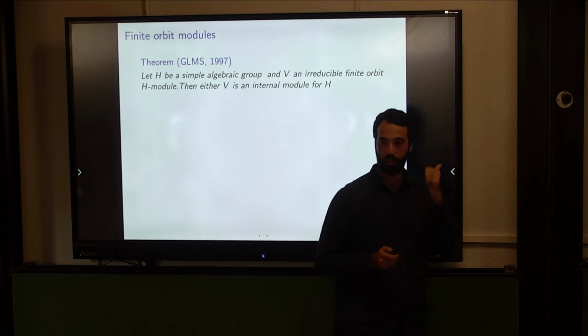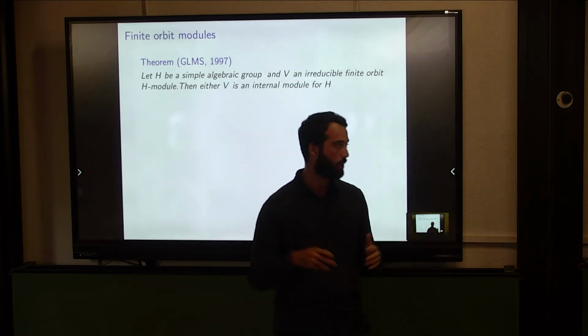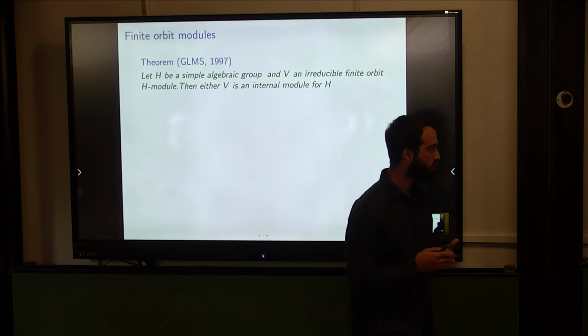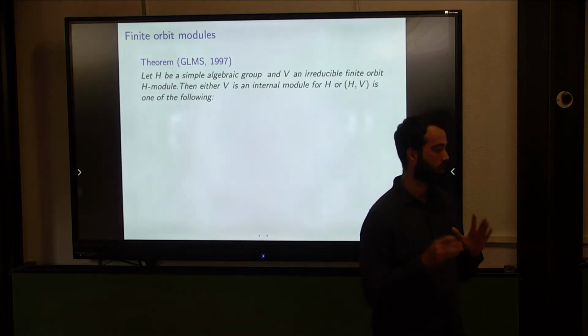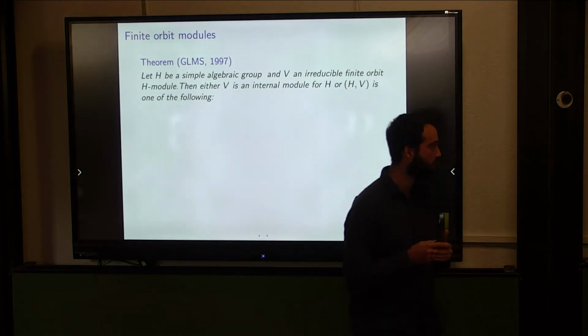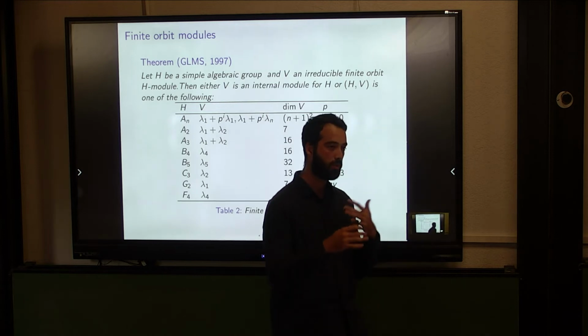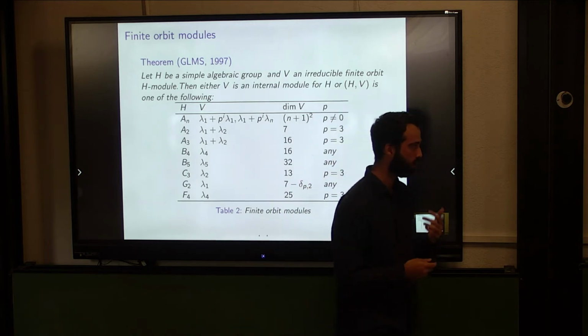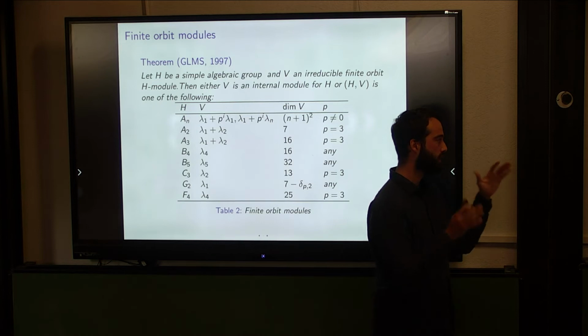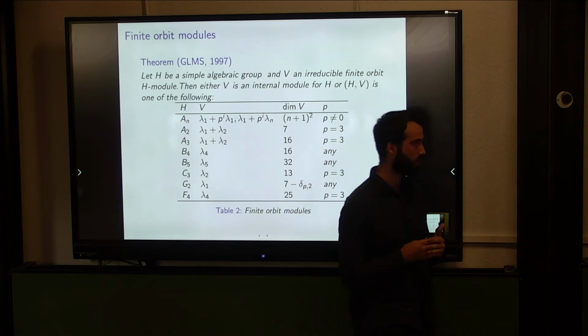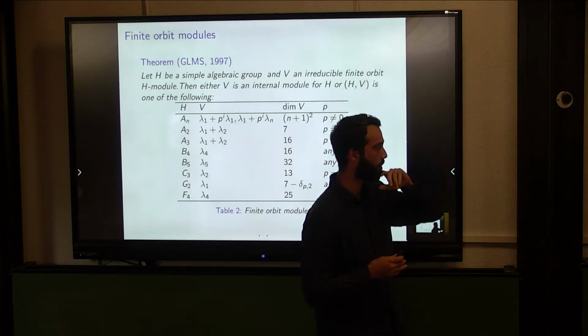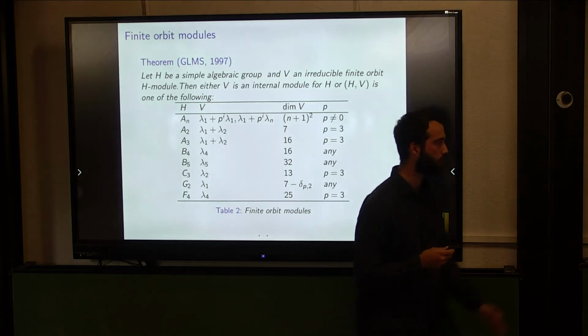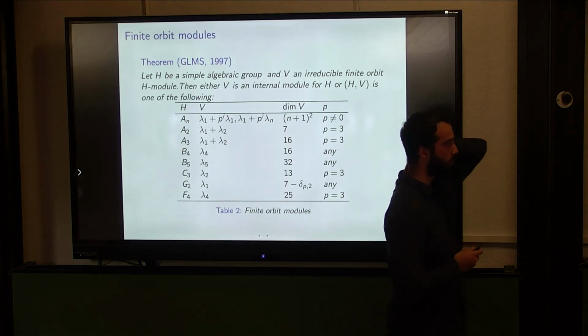Then either V is an internal module, we've seen this is a nice construction, always giving you finite orbit modules, or the pair H, V is one of the following. So this is the type of result you're going to see all over. So you get some nice classifications. We have an infinite family at the top when the characteristic p is not 0.